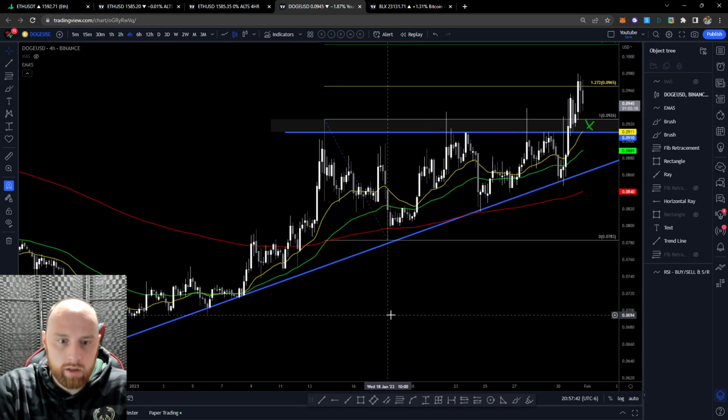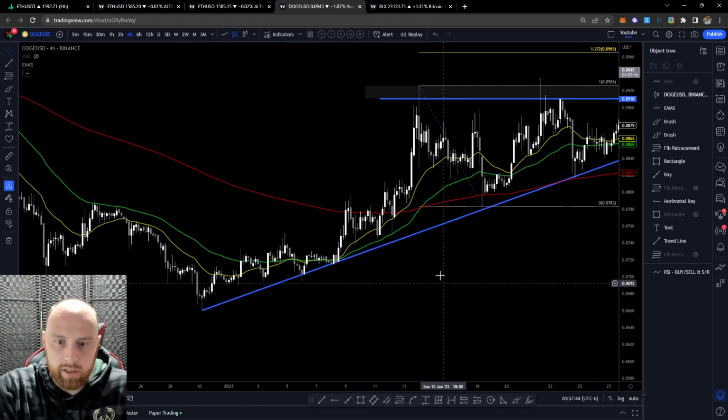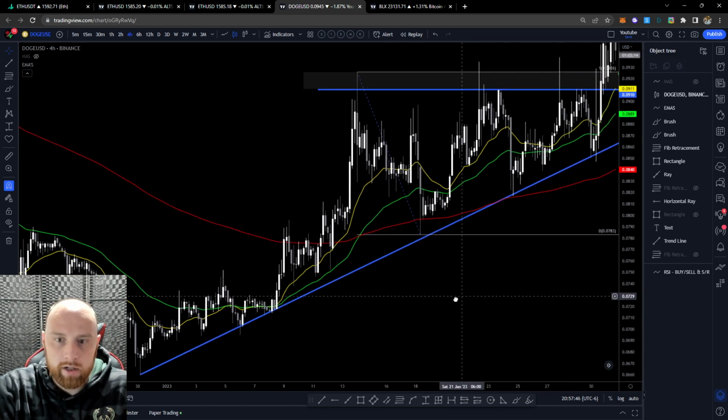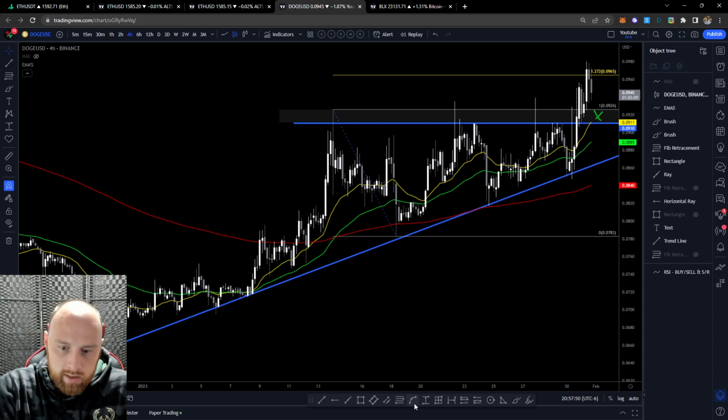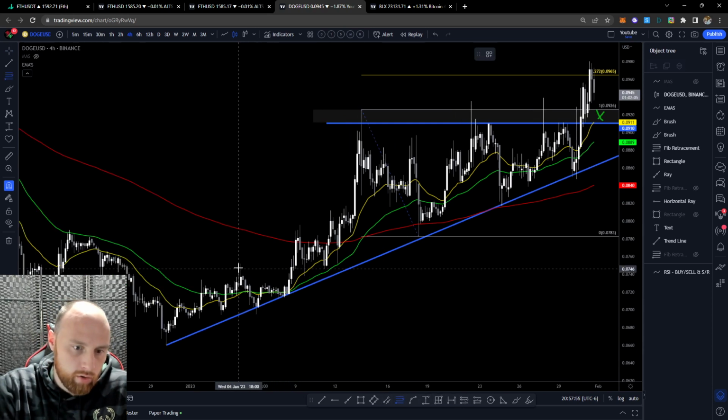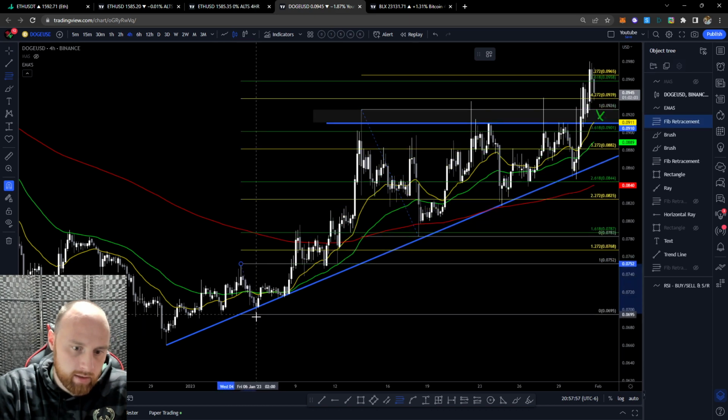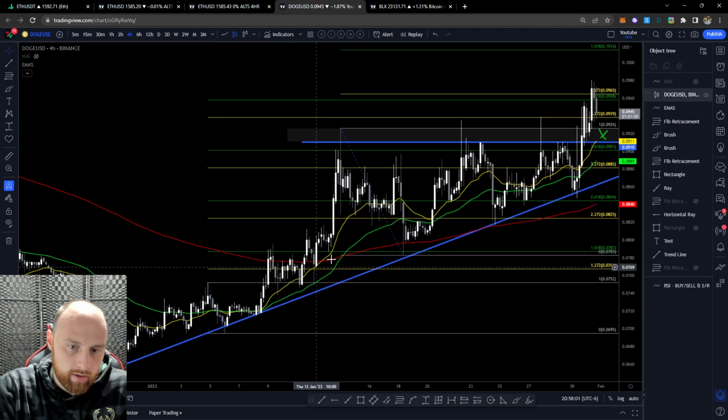So I can give some examples here. Prior to current price action, we could take our fib and go from this high to this low right here, you could see that here.